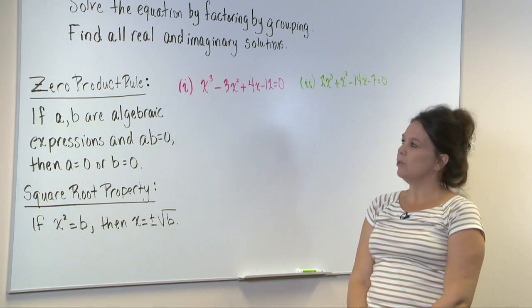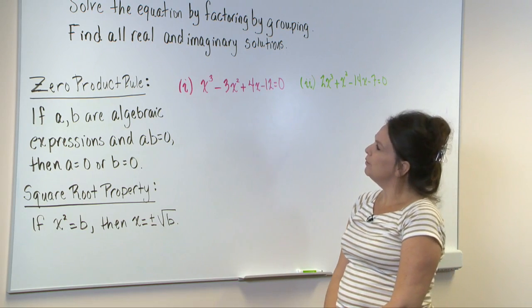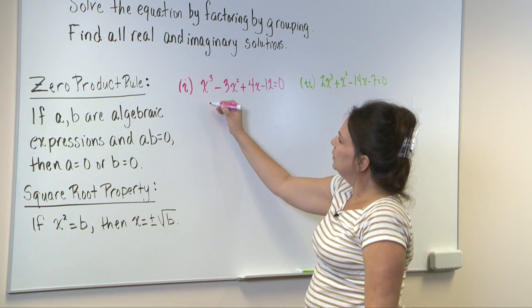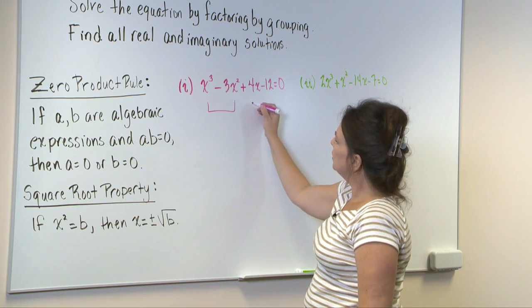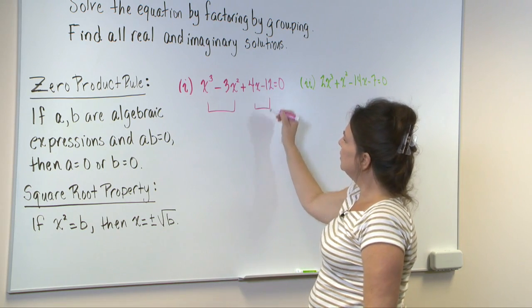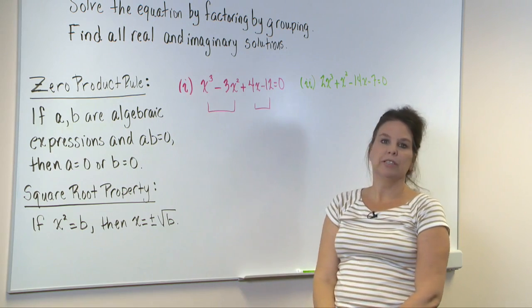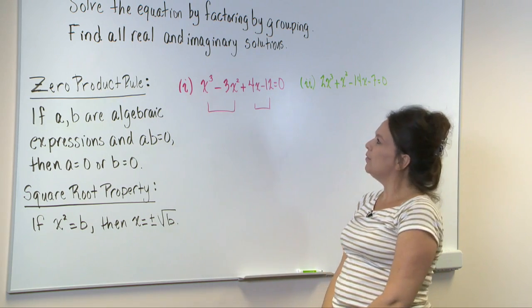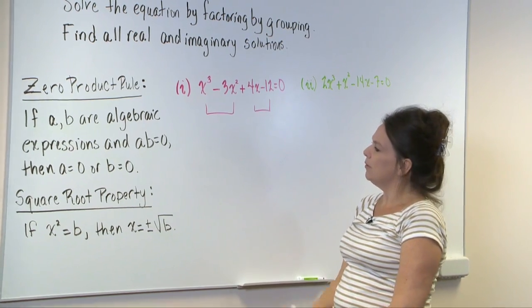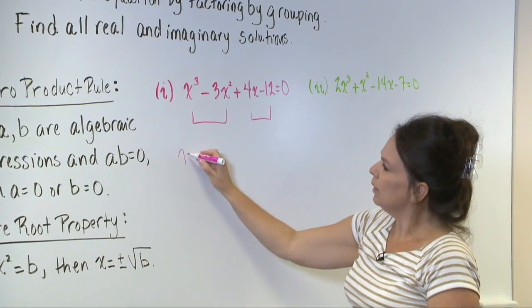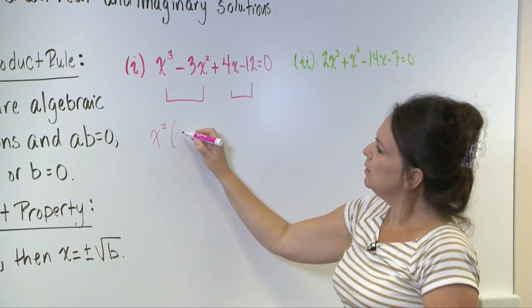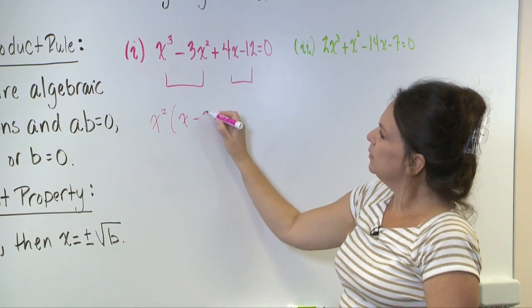So we have four terms, and we want to factor by grouping. I'm going to group the first two terms, and I'm going to group the second two terms. Looking at the first two terms, I see that there's the greatest common factor of x squared. I'm going to factor that out, and I have x squared times x minus 3.